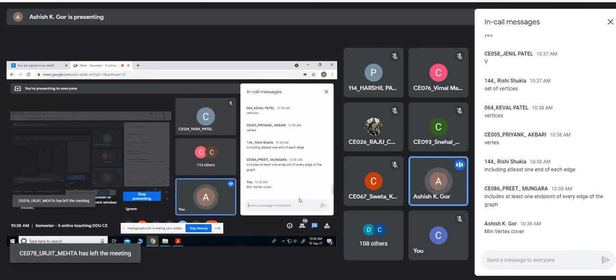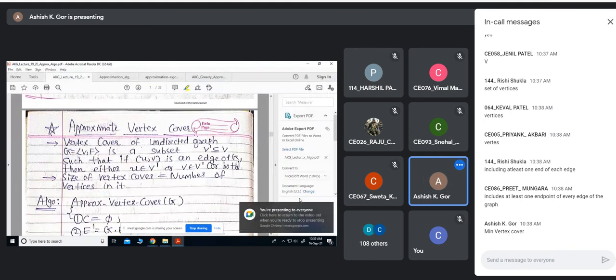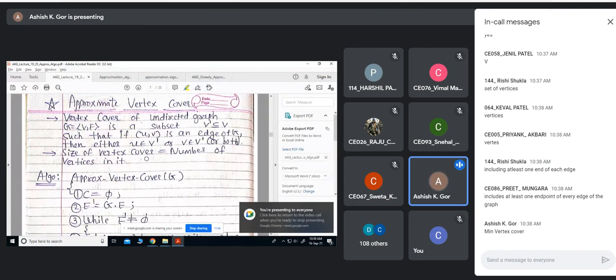Shortly, you will learn that minimum vertex cover is actually an NP-hard problem, and the corresponding decision version is an NP-complete problem. Same way, maximum independent set is also a hard problem. So let me end here.